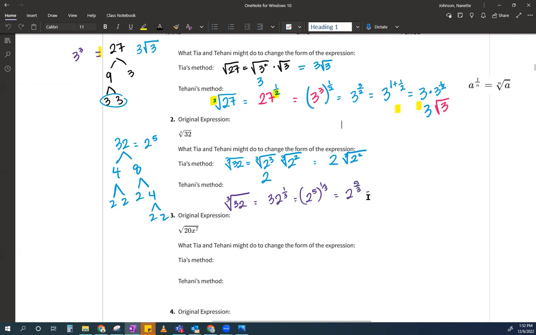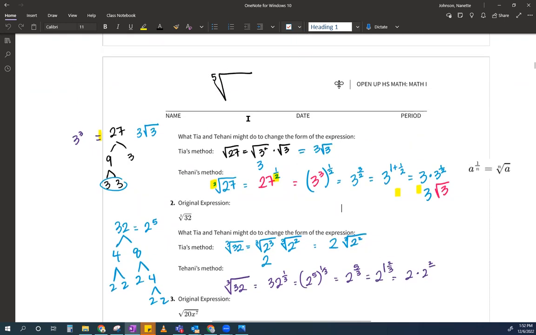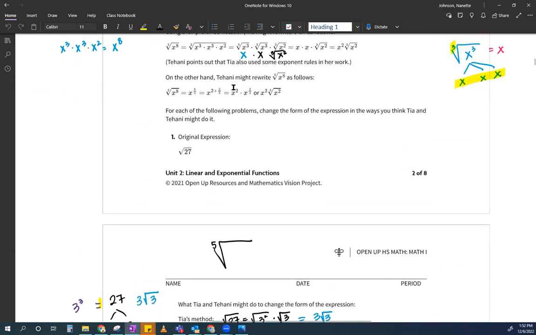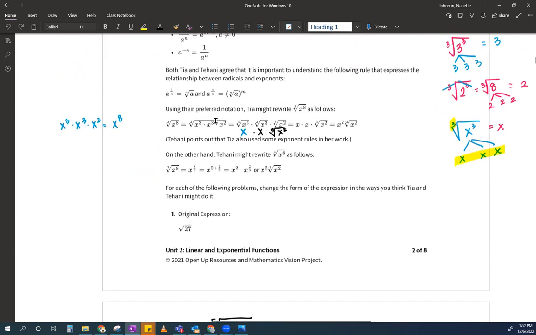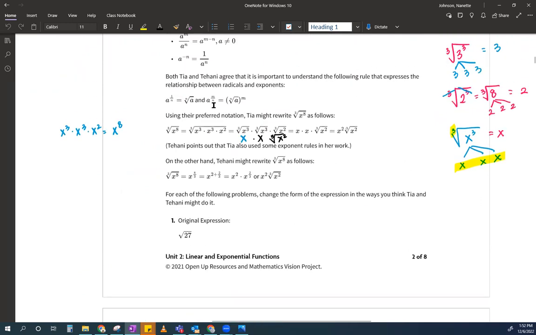And you guys would say, oh, that's 1 2/3. So that's equal to 2 times 2 to the 2/3, which again, I'm going to use this definition right here, where the numerator goes outside the parentheses.